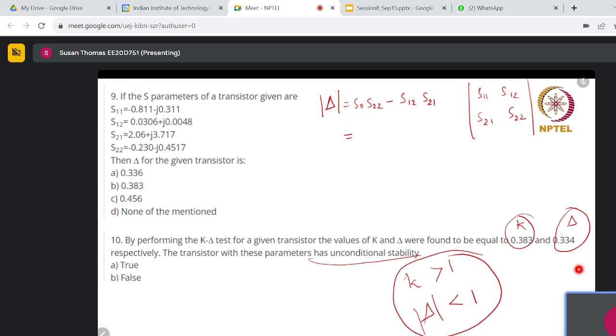So here, is it true or false? Here K is not greater than 1, but delta is less than 1. So this is false. This does not have unconditional stability. Very important, please note this K delta test for unconditional stability: K value should be greater than 1 and mod delta should be less than 1.